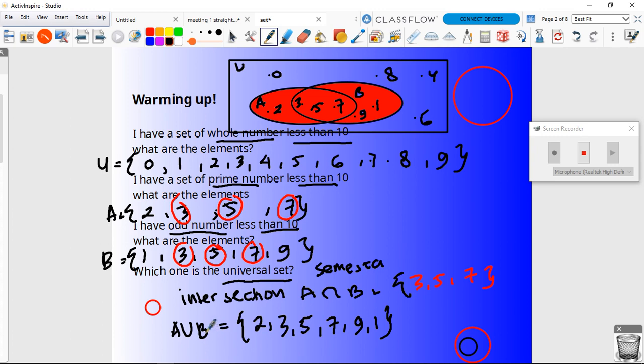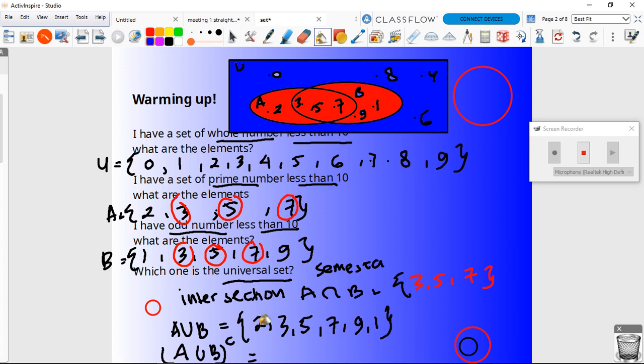And then maybe if I'm asking like, how about this one? A union B complement. So it means they're asking about outside the circles. So maybe this one. No. I'll change to blue.